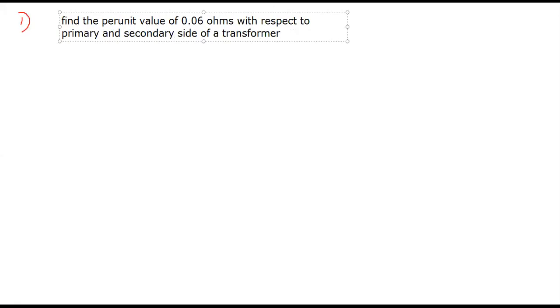Please note down the problems in the notebook, and do the solutions in parallel with me. With respect to primary and secondary of a transformer. So this is what is given, and you are asked to determine the per unit value.